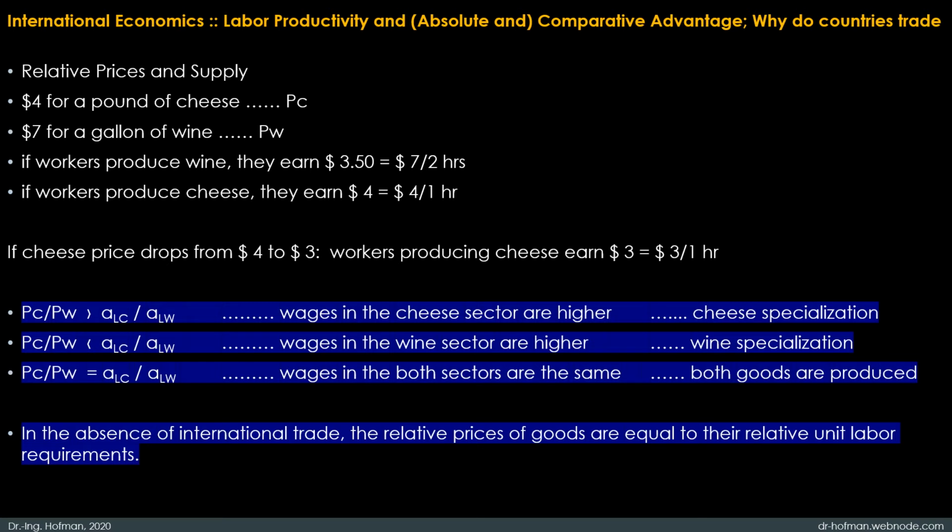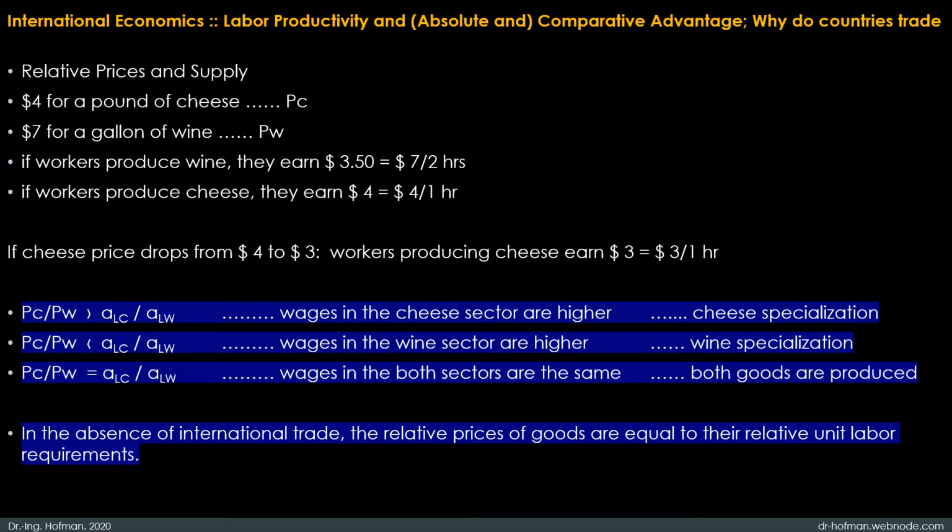Because everyone will want to work in whichever industry offers the higher wage, the economy will specialize in the production of cheese if PC over PW is more than aLC over aLW. On the other hand, it will specialize in the production of wine if PC over PW is less than aLC over aLW.